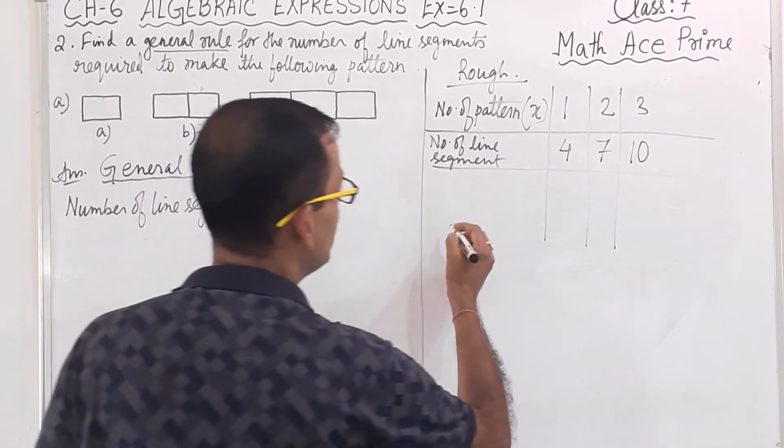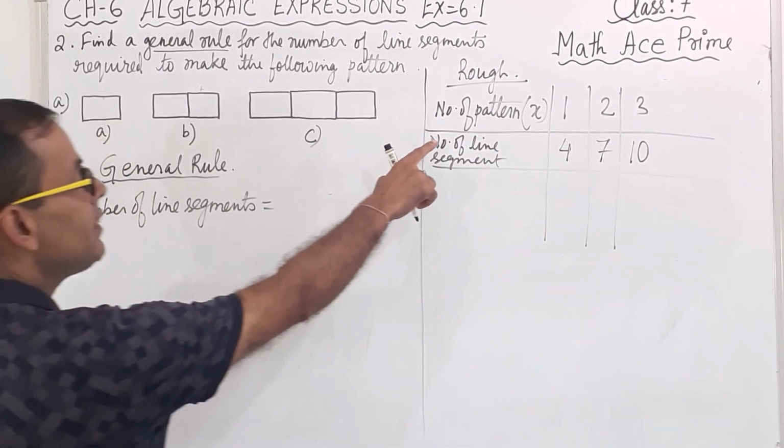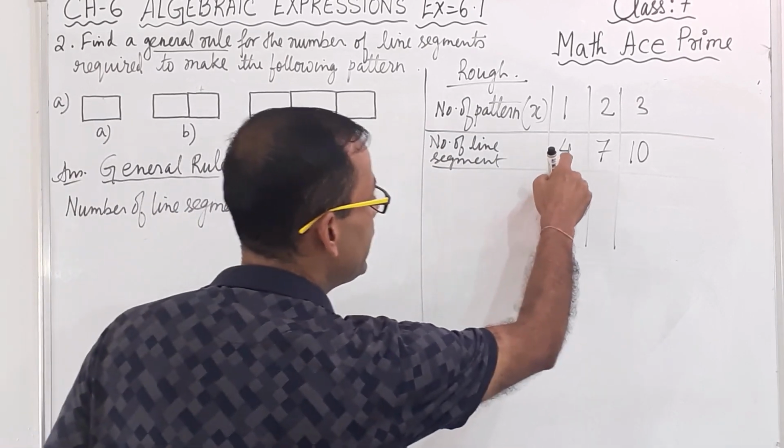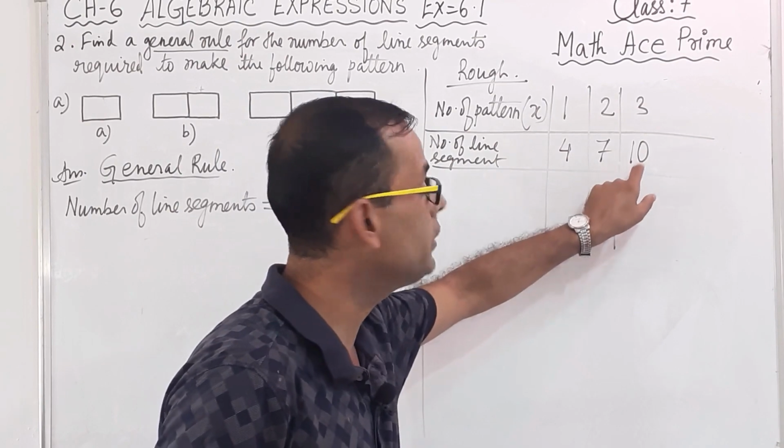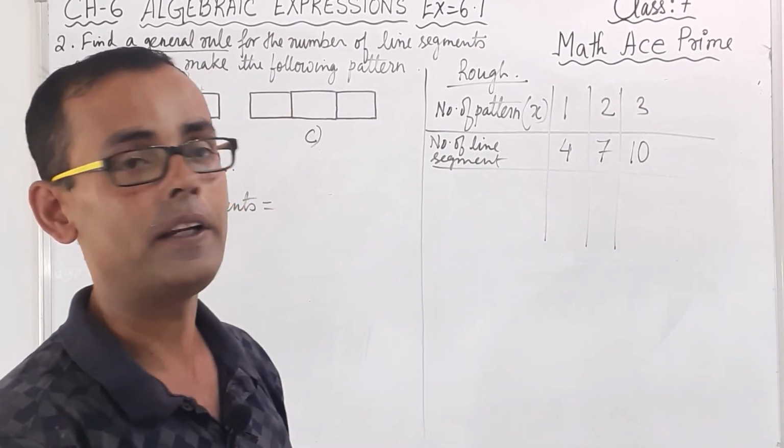So now to make the general rule for this line segment, how I am getting 4, how I am getting 7, how I am getting 10, that only I have to find out.